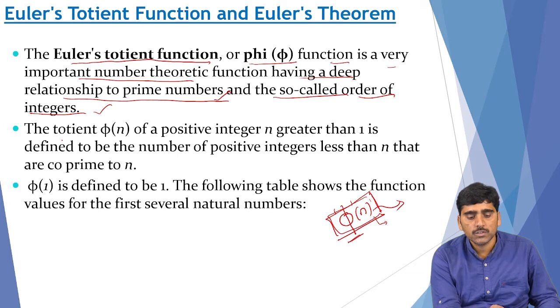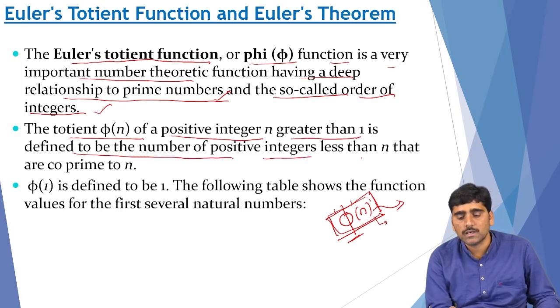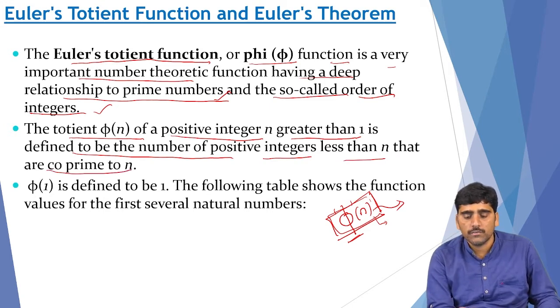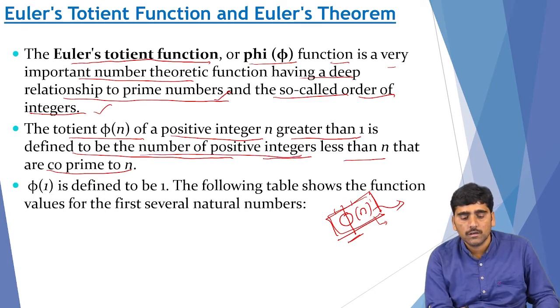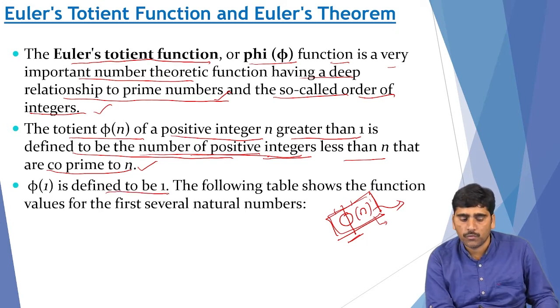The totient function phi of n, of a positive integer n greater than 1, is defined as the number of positive integers less than n that are coprime to n. Phi of 1 is defined to be 1 simply.